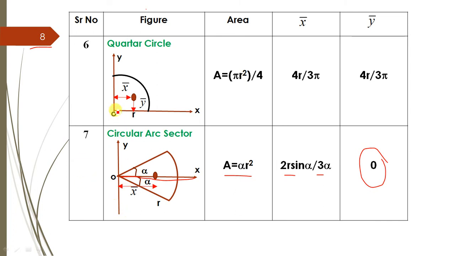If a figure is symmetrical about the y-axis, X bar is 0, because the centroid lies on this line and there is no perpendicular distance from the y-axis. Here alpha is the angle of the half sector. You have to learn these formulas, and only then will you be able to solve the numericals.